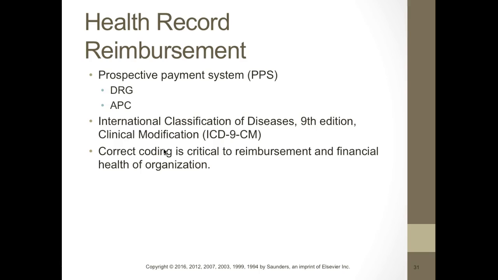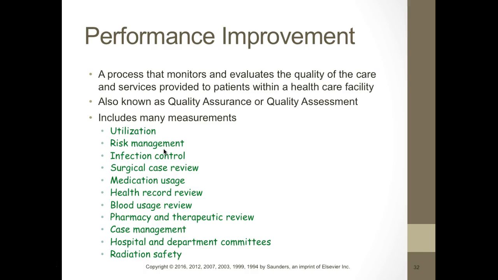So if you have a really good billing and coding department, your hospital is usually going to do well. If you have a terrible billing and coding department, the payments or the studies keep getting rejected and they're not being paid. So it makes it very, very economically unstable for an organization if your billing and coding team is really poor.